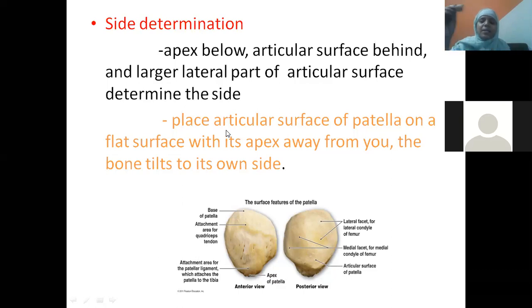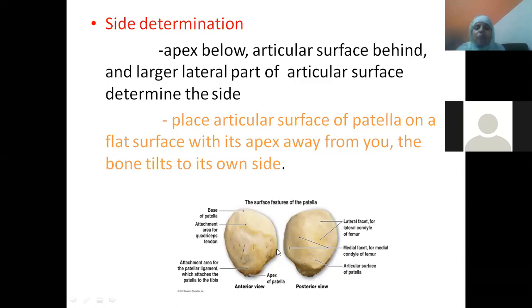That means this is right patella. That means lateral surface on the posterior aspect, I'm drawing here, this lateral surface is big and the medial surface is small, the posterior articular surface, and in between you have a line which divides the posterior surface into large lateral facet and small medial facet. Lateral facet is for lateral condyle of femur, medial facet is for medial condyle of femur.